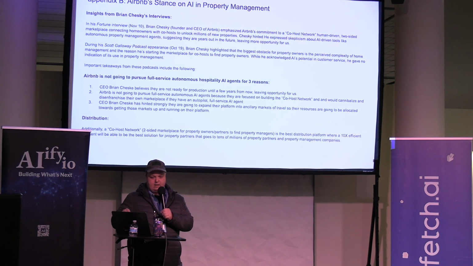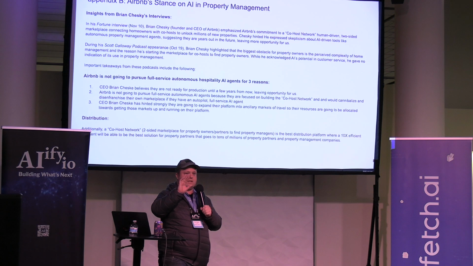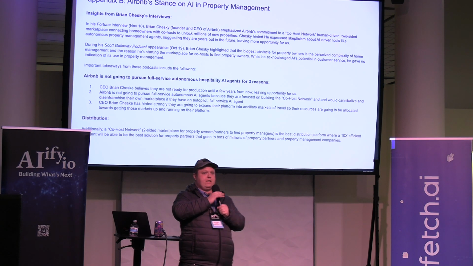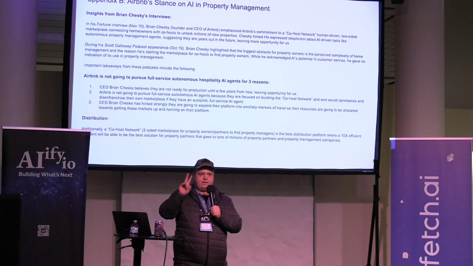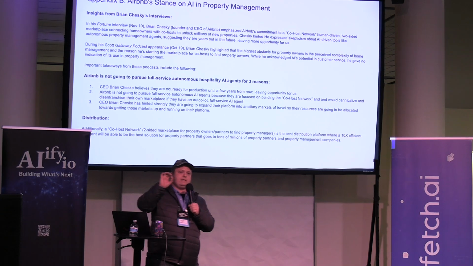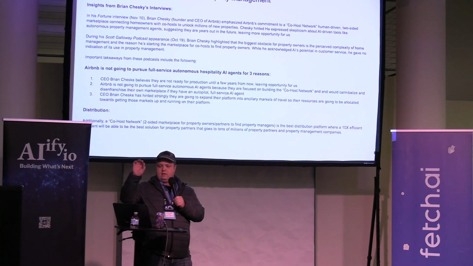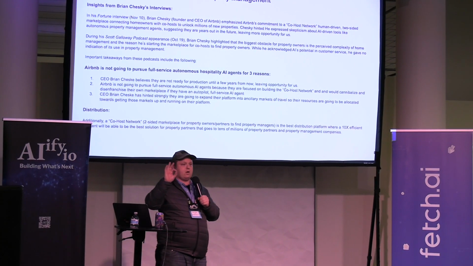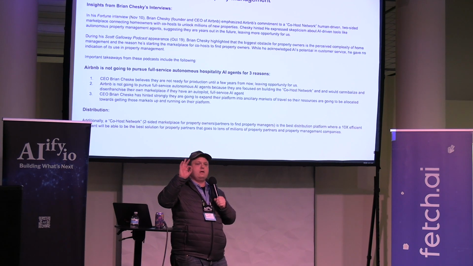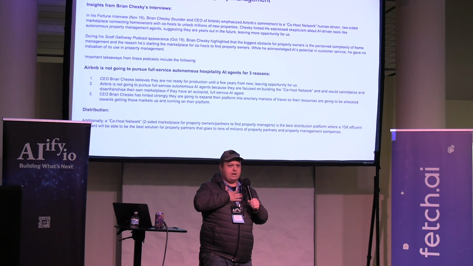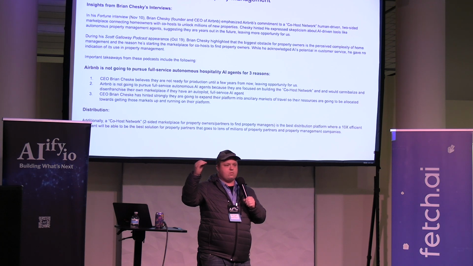Brian Chesky, the CEO of Airbnb, went on 2 podcasts this month and last month, in which he detailed what is called a co-host network, a 2-sided marketplace matching management companies like ours, as well as the property partners.